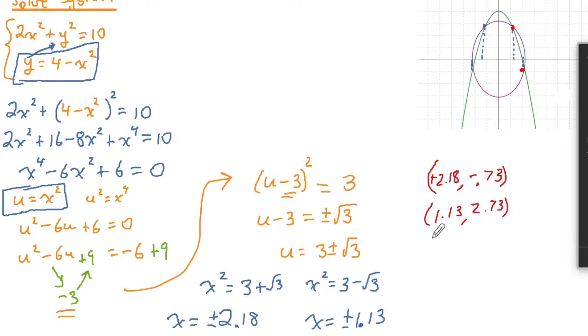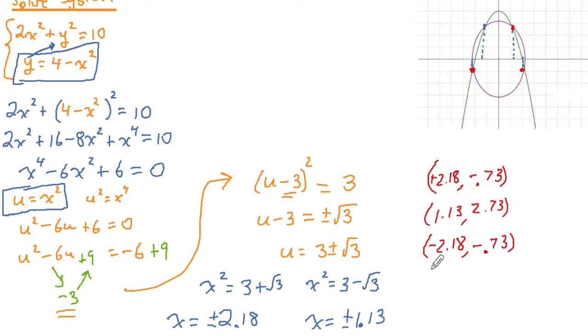So the y values are going to be the same. It's just going to be negative 2.18 and negative 0.73, which would be this point down here, negative 1.13, and then the y value would be 2.73. And then we're talking about this coordinate over here. So those are the 4 coordinates that solve this system of equations.